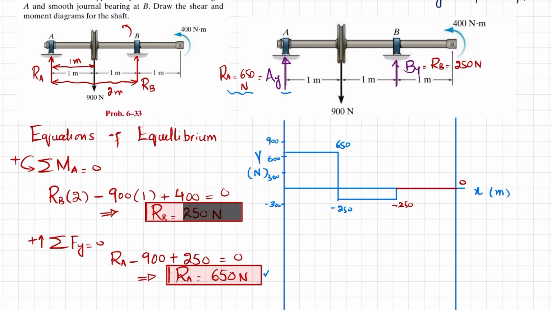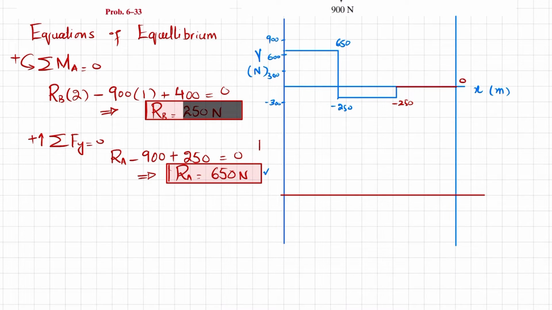Okay. We will now move toward the bending moment diagram. For the bending moment diagram, you have to draw a horizontal line, and here you will take the moment in Newton-meters. Let each division be equal to 300, so 300, then 600, then 900.